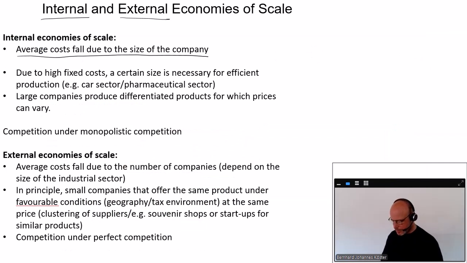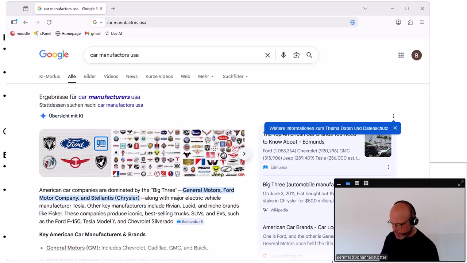Then they split this because the merging doesn't function, and now it is together with Stellantis. This means Renault, Citroën, Peugeot, and Chrysler have joined later on.